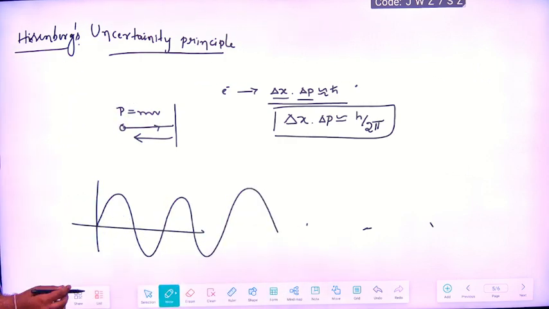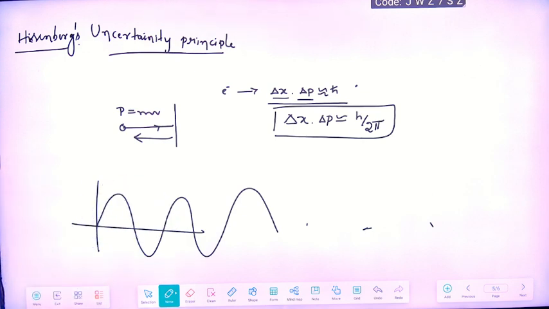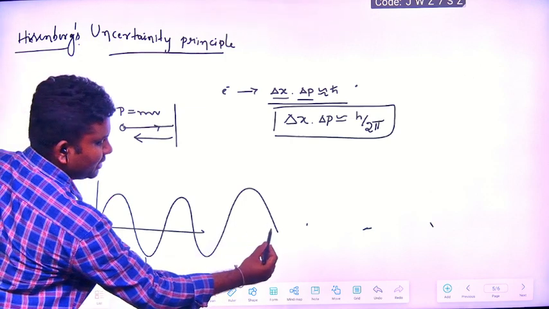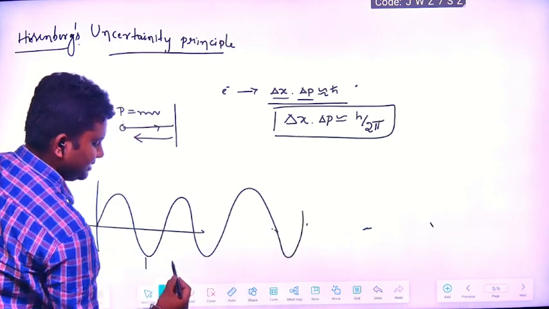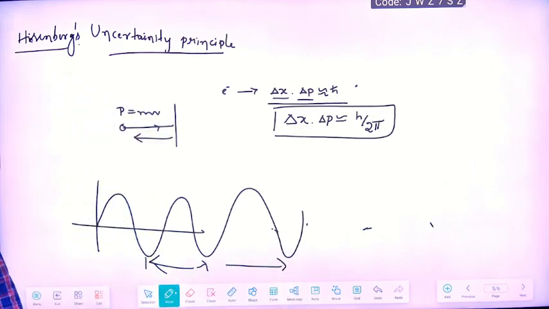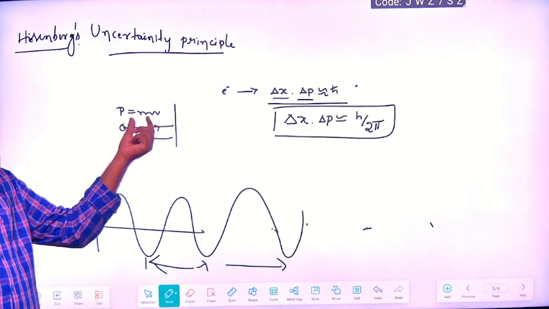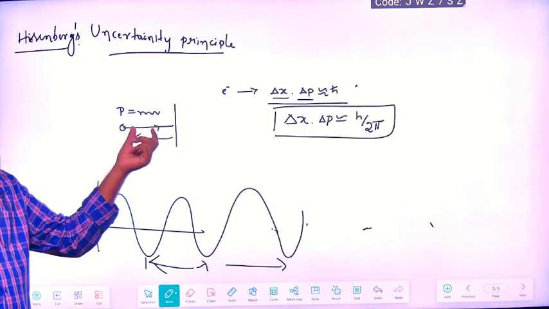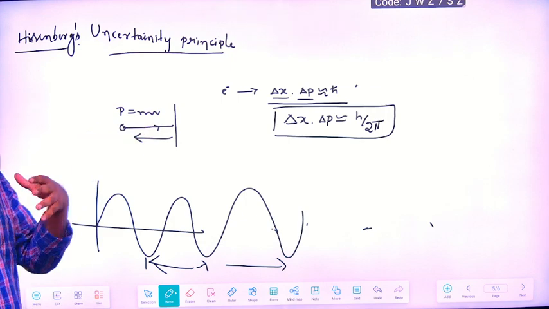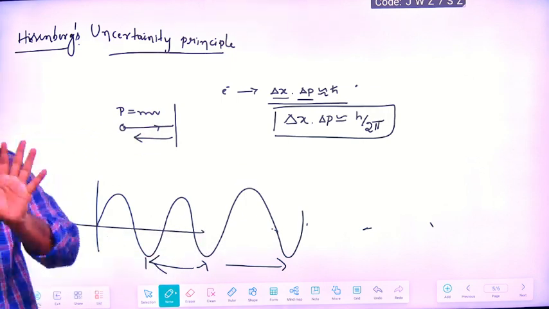As it shows wave nature, from one crest to the alternate crest or trough is the wavelength, lambda. Wavelength is the length of the wave, and momentum is the particle nature. Momentum will show only for particles. The wavelength will show only for waves.